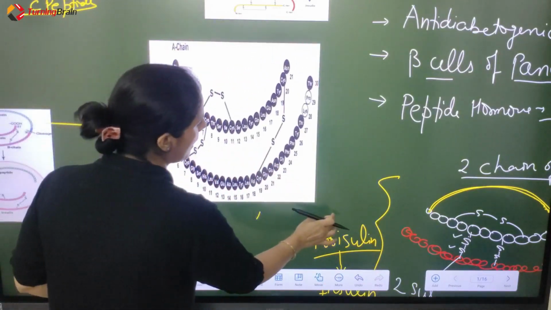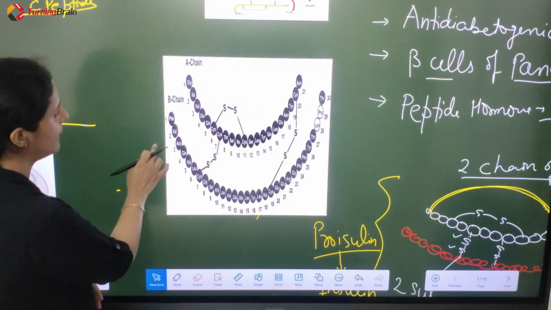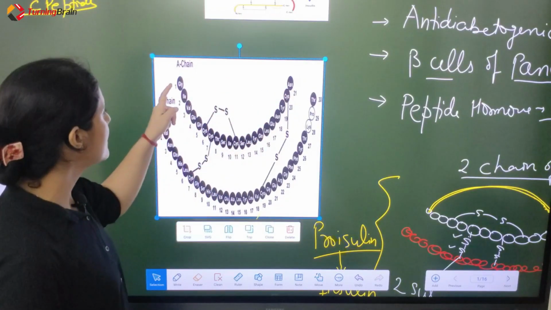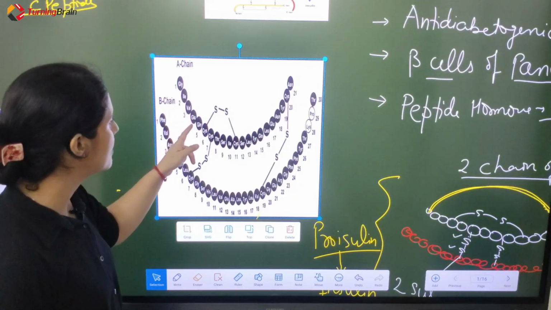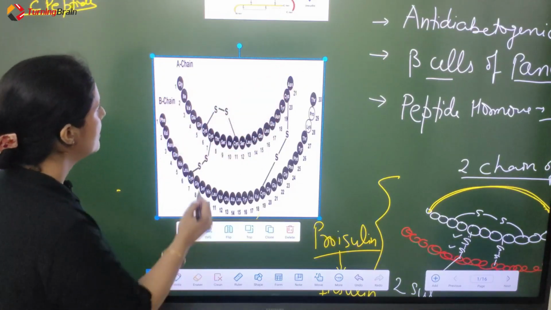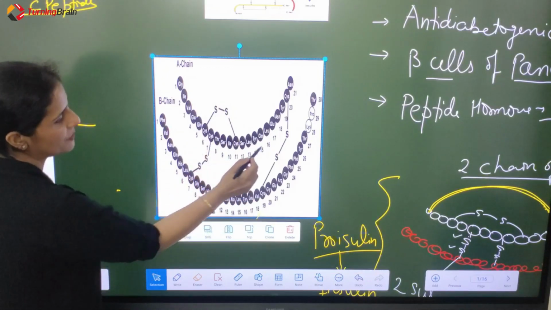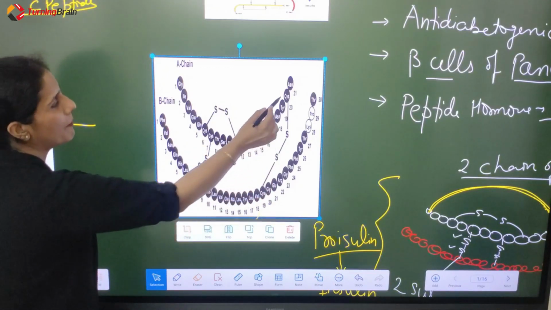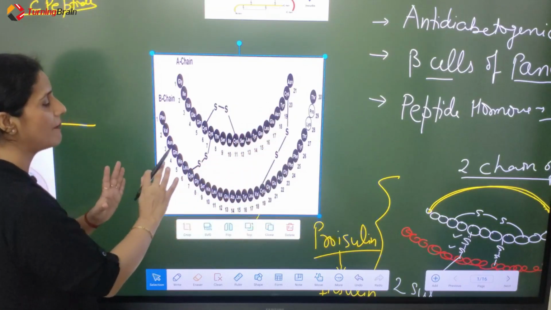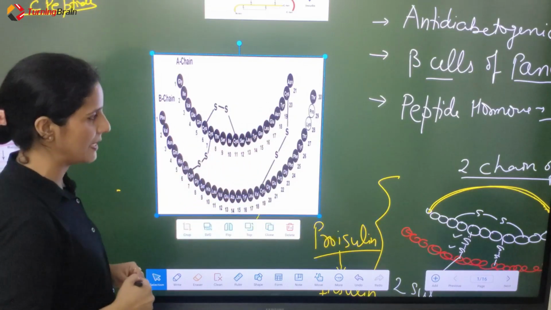See, this is the structure, how it looks like. There is an A chain which is made up of multiple amino acids, glycine, leucine, valine, glutamate, whatever. There are so many different types of amino acids making the A chain and B chain, and attached with the disulfide bond. You don't need to remember the number of the amino acids where it is attached. Just have to remember that there are disulfide linkages.